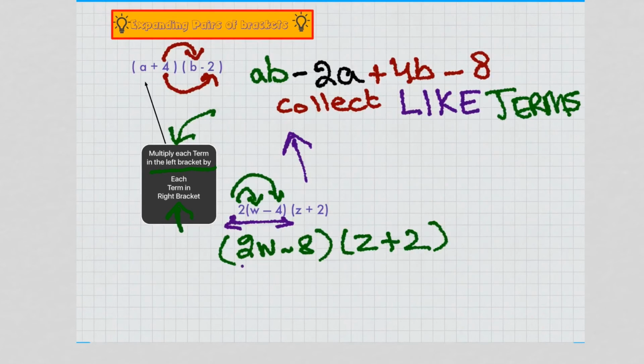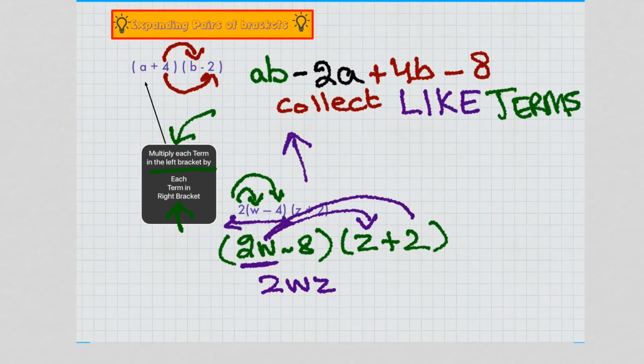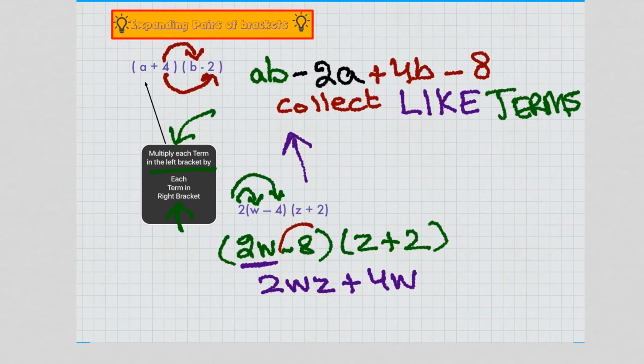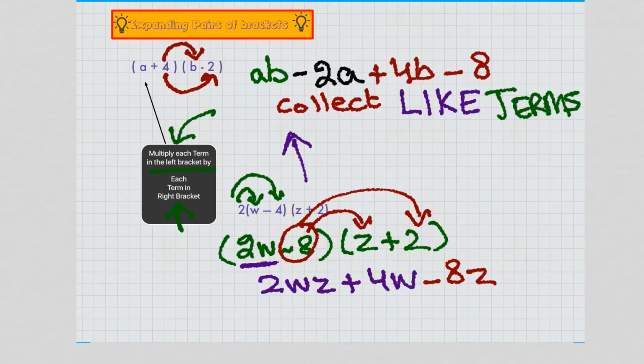We're gonna times 2w with z first, which is 2wz, and then 2w with 2, which will give us plus 4w. Next step would be timesing minus 8 with z is minus 8z, and then minus 8 with 2 is minus 16. Then, are there any like terms?